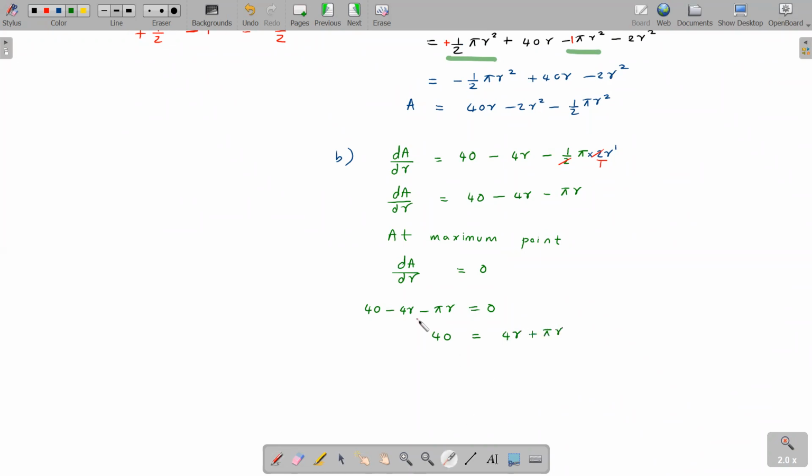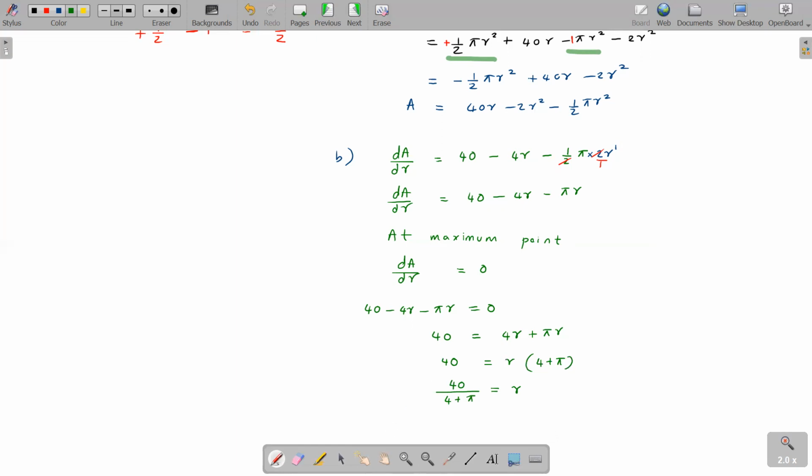The reason I took these two to the other side is that both of them have the letter r, and I want to make r the subject. So I can take r out as common and I get r times 4 plus pi equals 40. r equals 40 over 4 plus pi. Okay, so this is my r value.